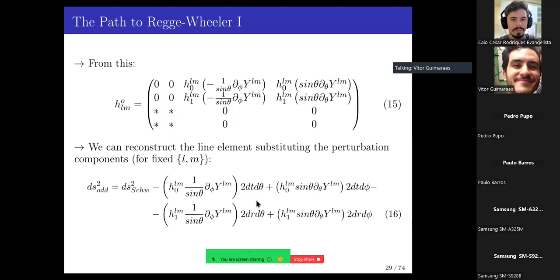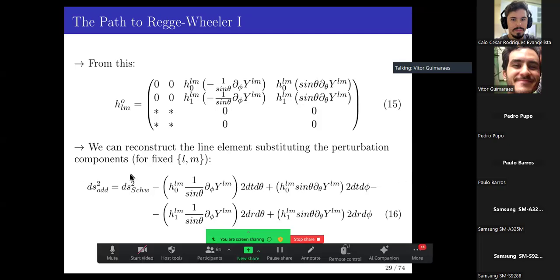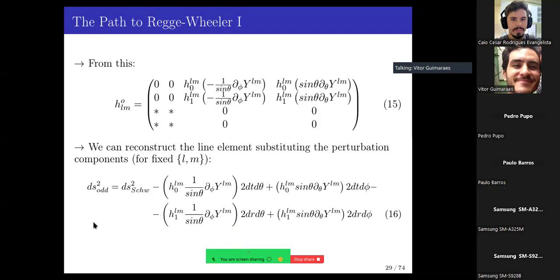With this line element, we can gain some intuition about which components of the Ricci tensor, the Einstein tensor, will be important for the perturbations, which will be directly related to the perturbations. One way to do this is to construct this line element and substitute it into the Einstein equations.